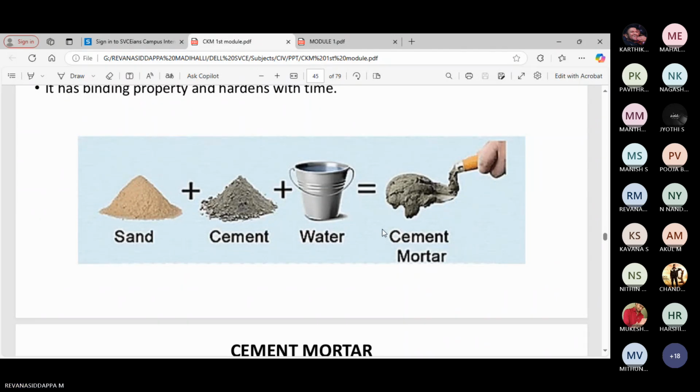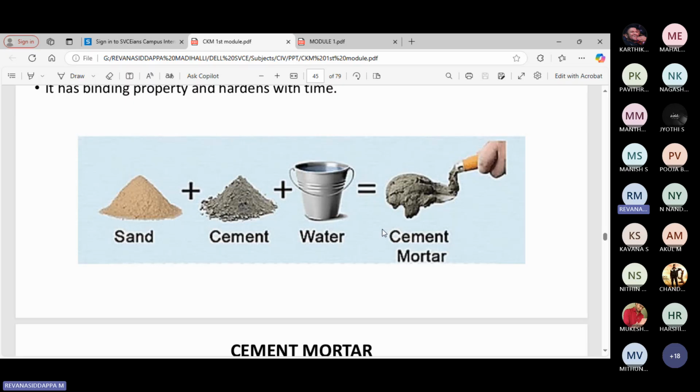Then for plastering of the walls, we need mortar. Then if there is any repair work, if any cracks are observed in a building and you want to fix that crack, we will use mortar only. We will fill that crack with this mortar only.